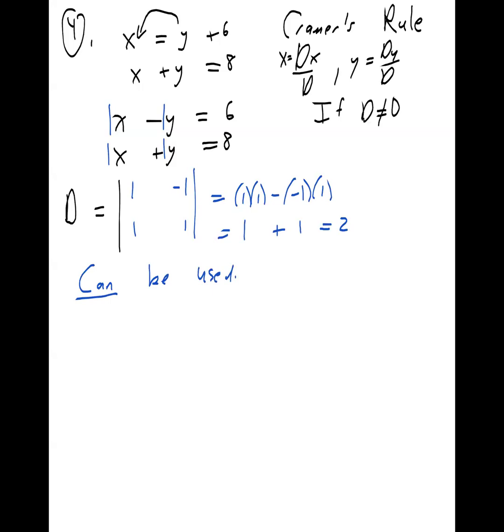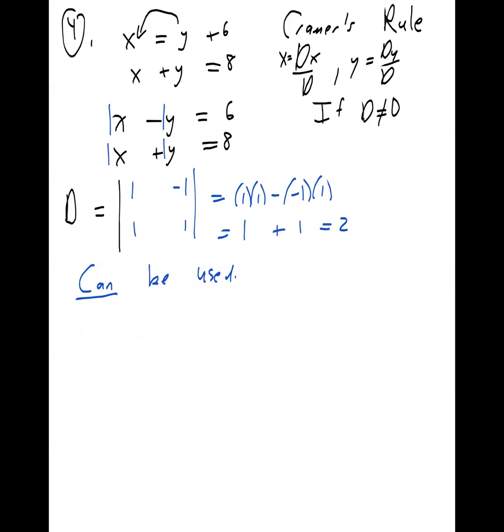Then the answer to part B is to find the solution. So since it can be used, that means that x is equal to dx over d, which is equal to, oh, I didn't find dx yet. So obviously I can't find that yet. I need to find a dx before I can jump to the end.